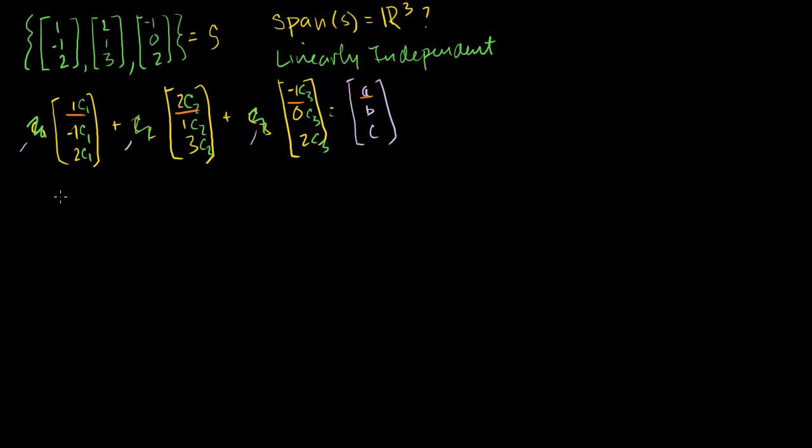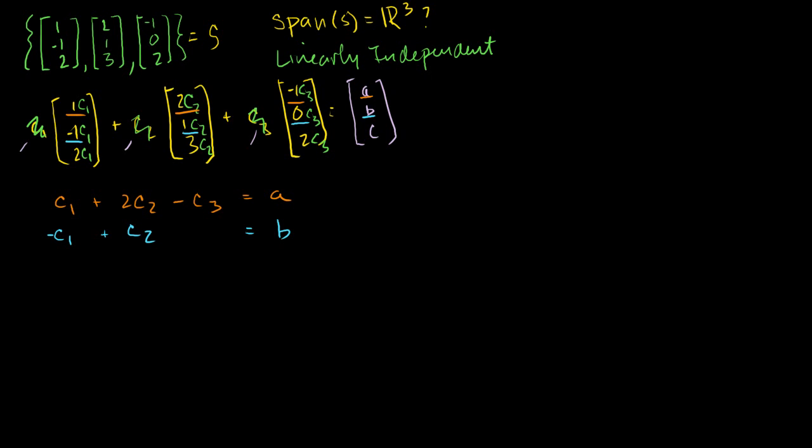So let me write that down. We get c1 plus 2c2 minus c3 will be equal to a. Likewise, we can do the same thing with the next row. Minus c1 plus c2 plus 0c3, so we don't even have to write that, is going to be equal to b.